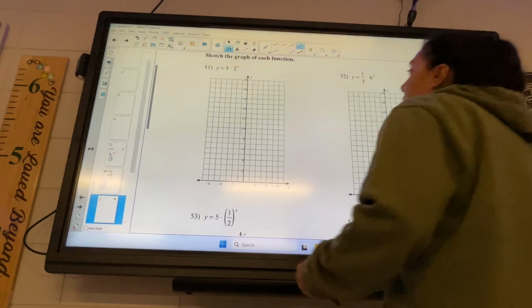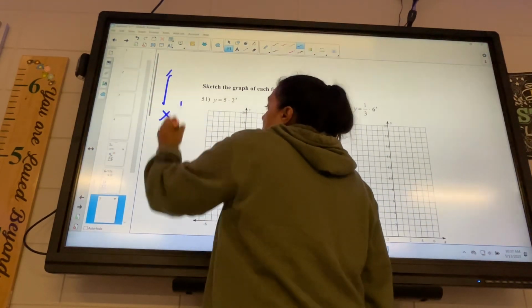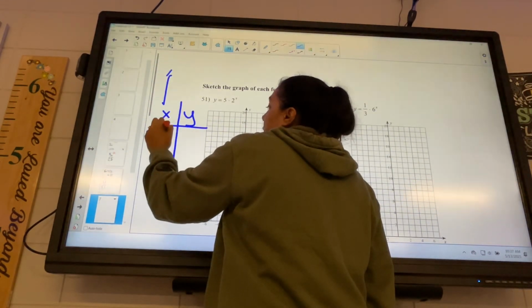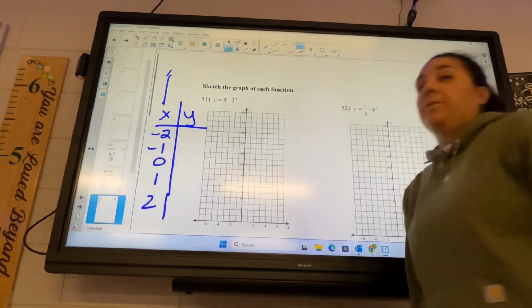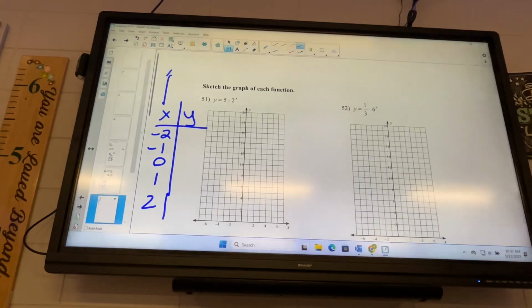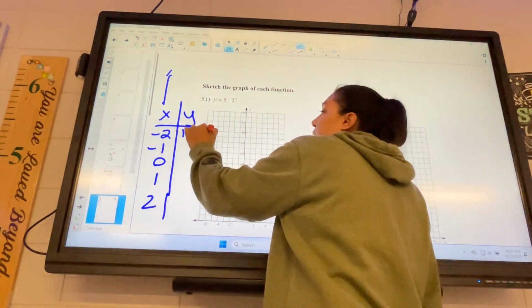We're going to make an XY chart with -2, -1, 0, 1, and 2. So we say 5 times 2 to the power of -2. That's 1.25.